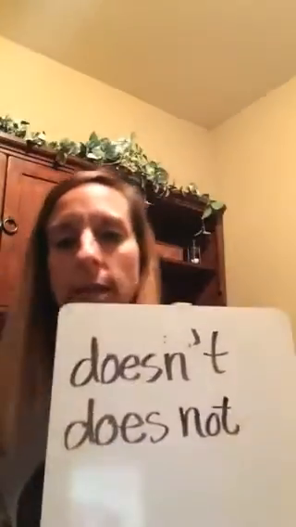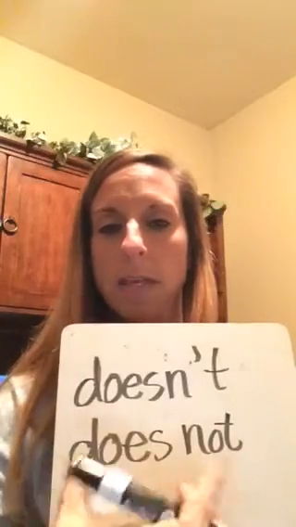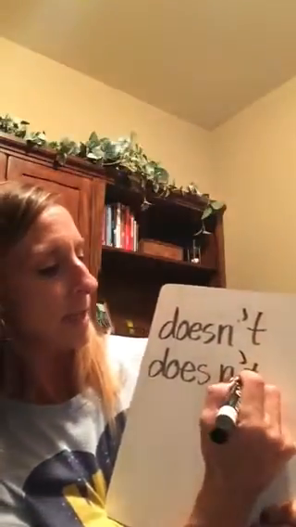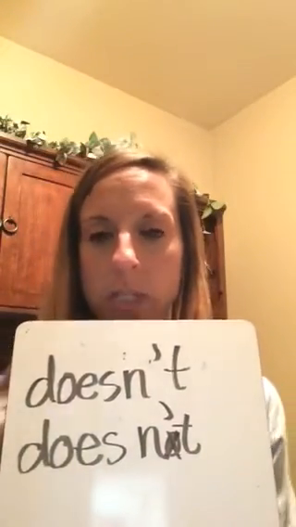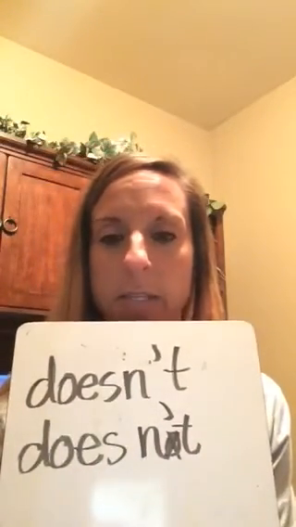So doesn't stands for does not. We put does not together, and if you can see, the apostrophe stands for the O. It means that we took out the letter O and we squeezed the words together. Doesn't. Okay, those last two were a little bit harder.